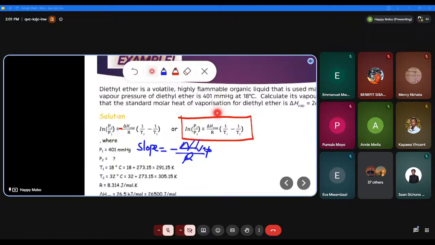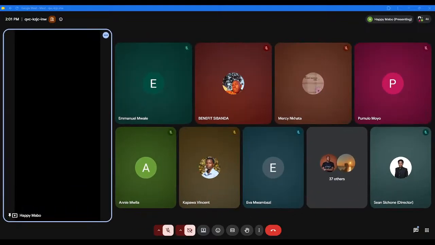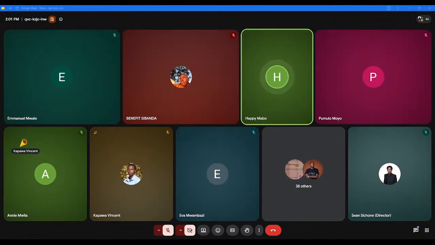Let me just close the app, open it, then we start again.